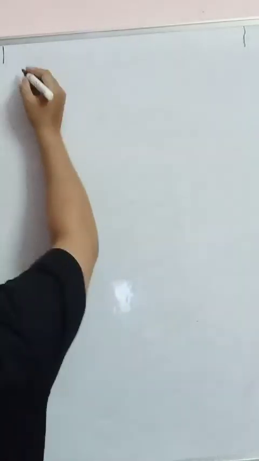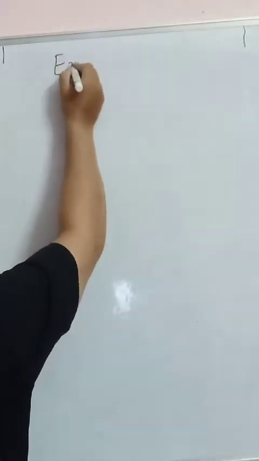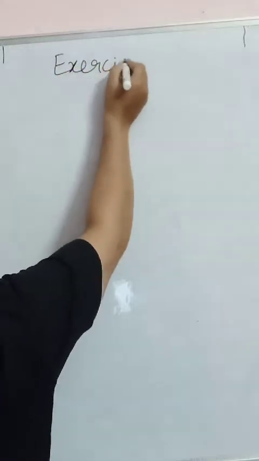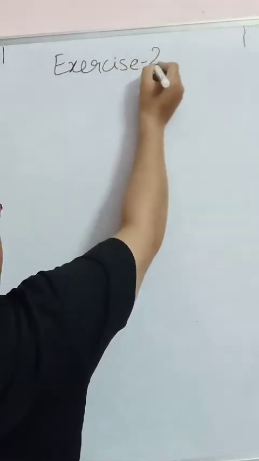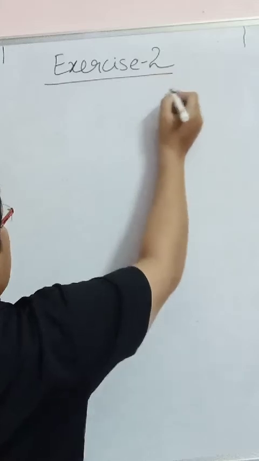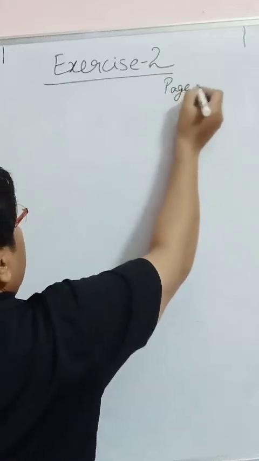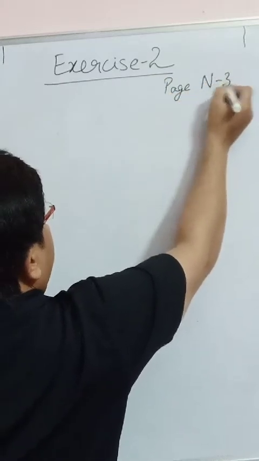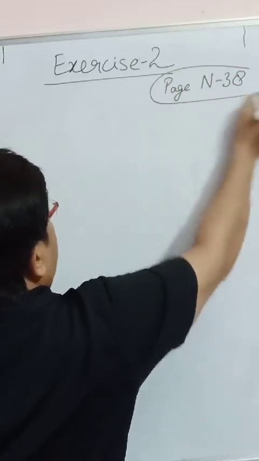So now we are going to begin with the exercise related to the exponents, and it is exercise 2 given on page number N38. Okay, so we are talking about exercise 2. There is only one exercise for this chapter, and this is on page number N38 of your textbook.